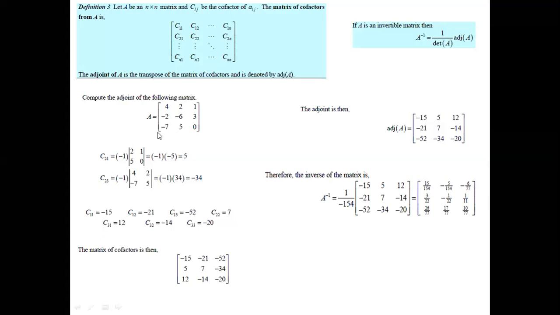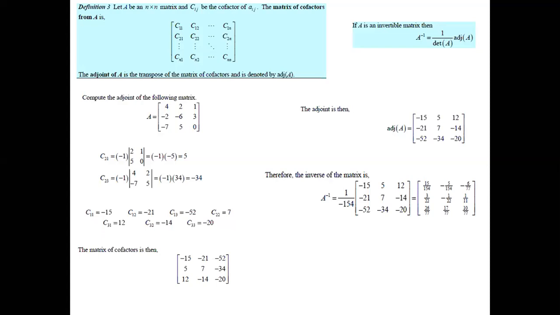So how do we find the cofactors? I'm finding the cofactor C21. That means the second row and the first column. The second row is minus 2 minus 6 3, and the first column gives the element minus 2. To find the cofactor corresponding to row 2 and column 1, I will ignore row 2 and ignore column 1.